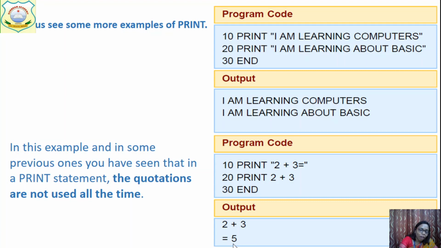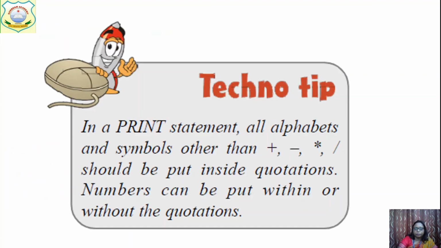It is 5, because now there are no double quotes, so print acts as a command and it will add the numbers. Okay, in a print statement all alphabets and symbols other than plus, minus, multiplication, division should be put inside quotation. Numbers can be put within or without the quotation.